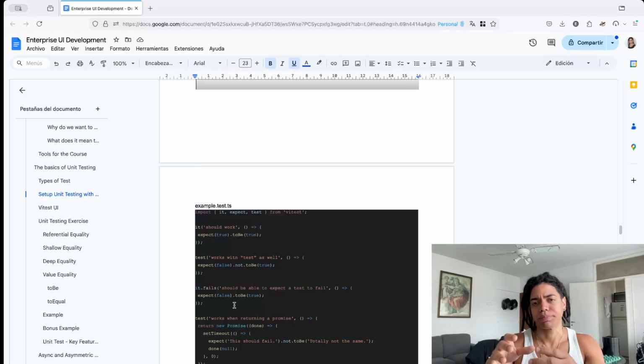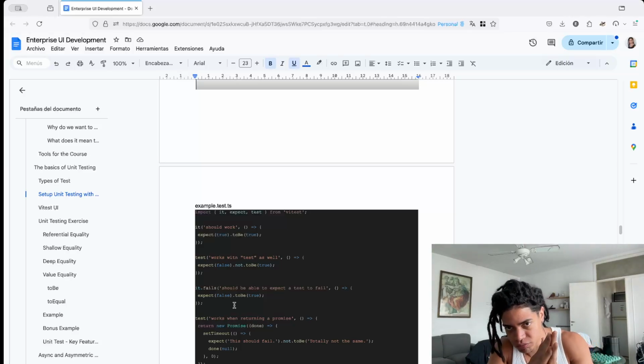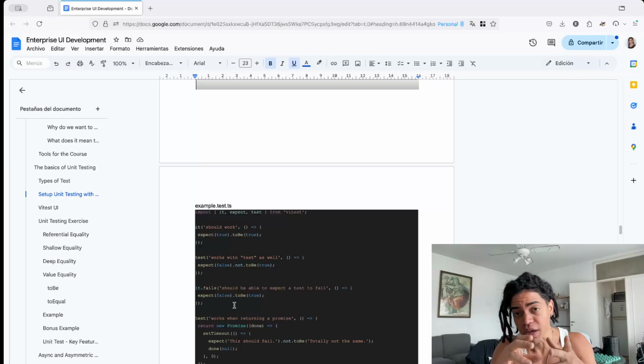Okay, so yes, the greatest hits of that are toBe, toEqual, and also toContain, toBeCloseTo for floating point operations, toMatchObject, expect.any, and the array containers and object containers.